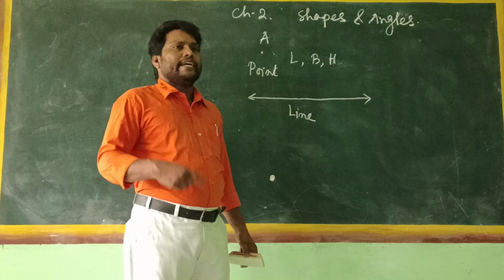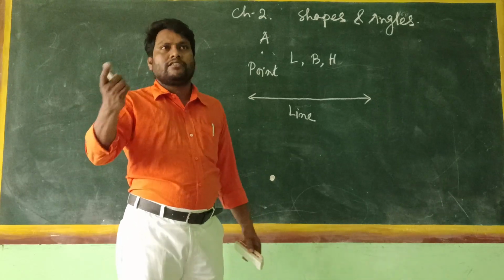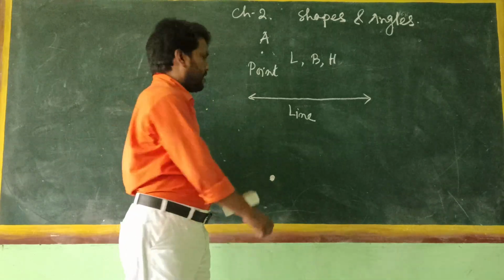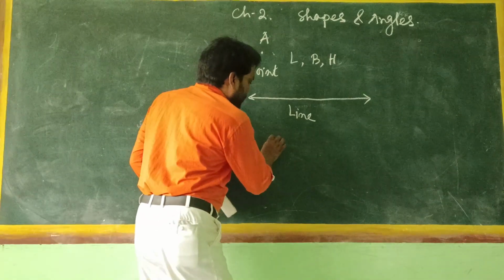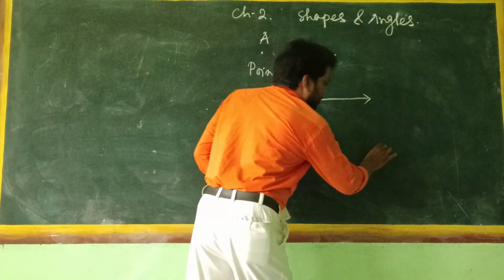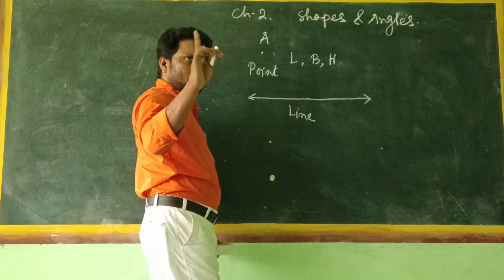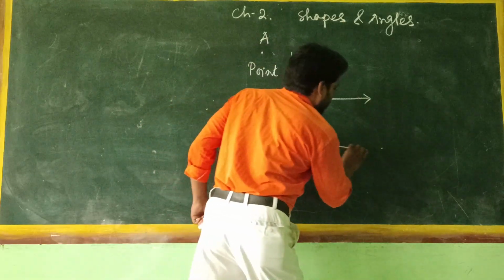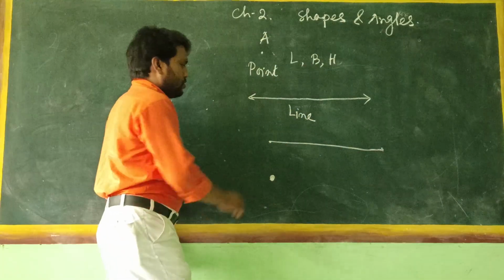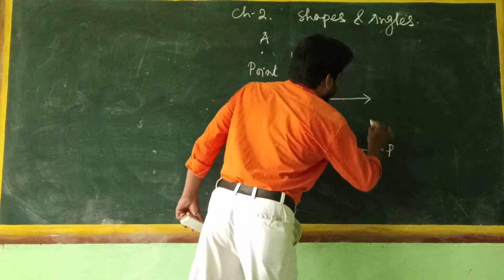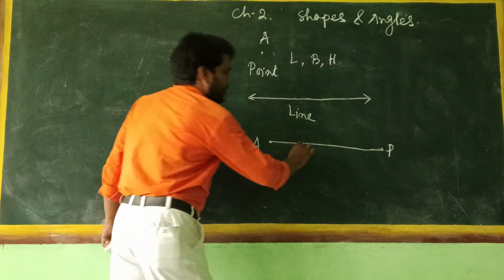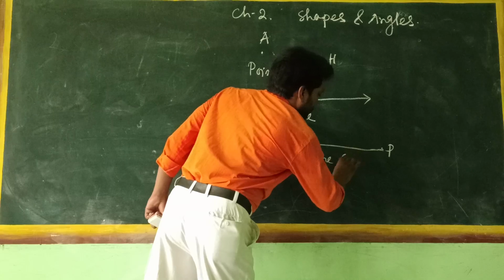But when you draw a line, suppose 7 centimeters, you place the scale, then take the point 0 and the point 7, and add a line in between these two points. So it is called a line segment. Suppose AB is a line segment.